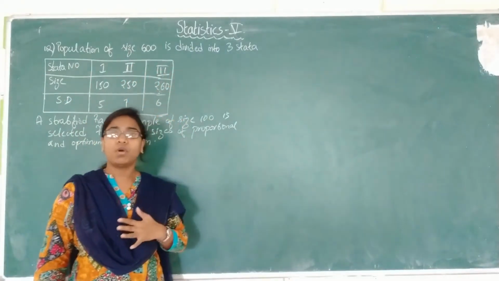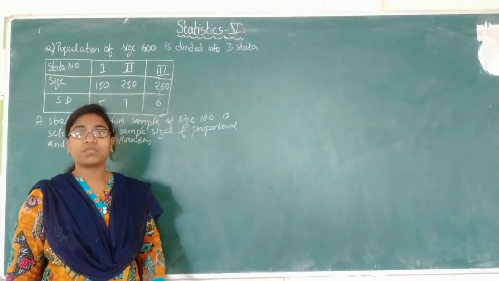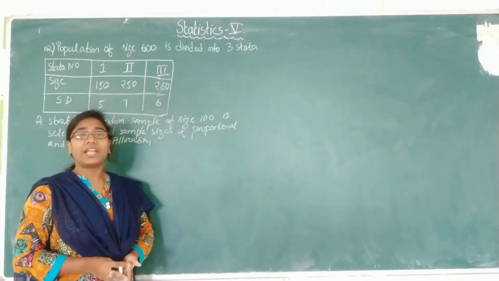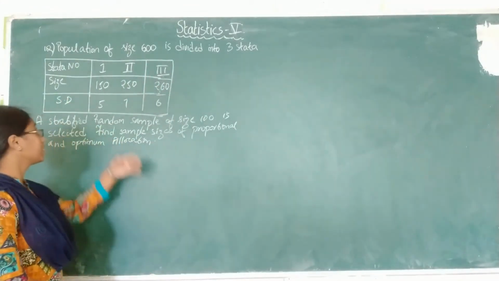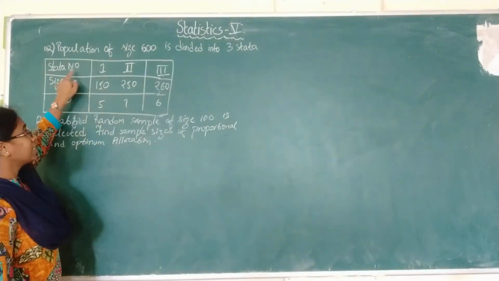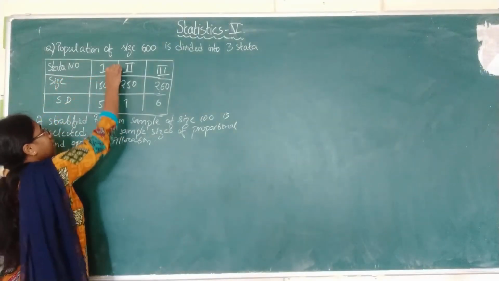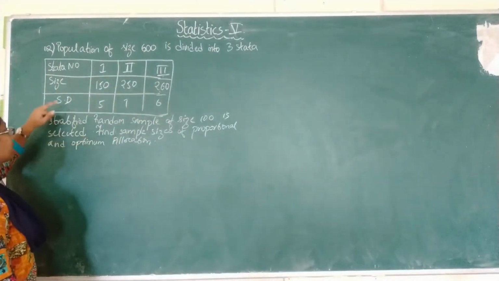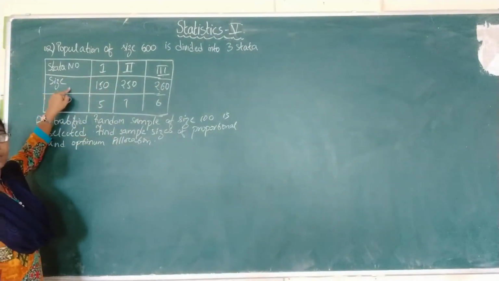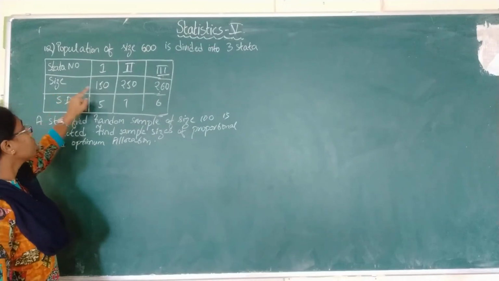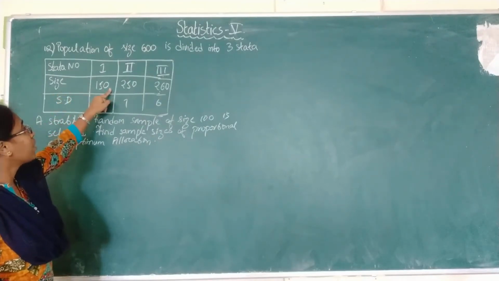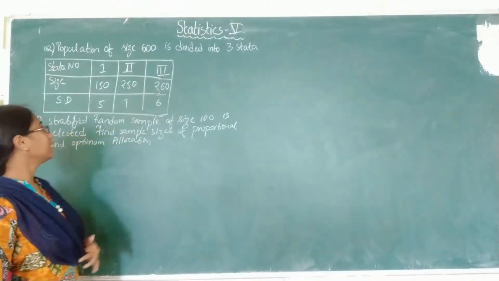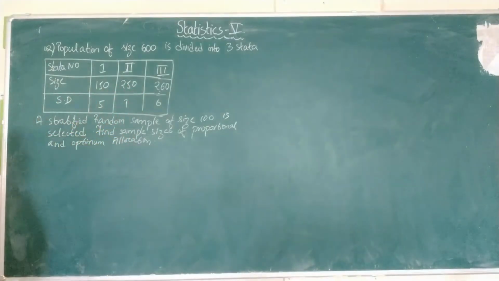So there is a population which consists of 600 units and those units are divided into three strata, strata 1, strata 2 and strata 3. The sizes of the strata are also given. The first stratum size is 150, the second stratum size is 250 and the third stratum size is 260.